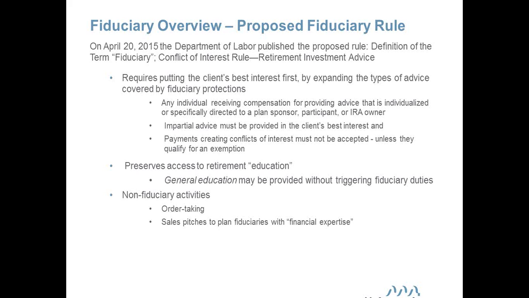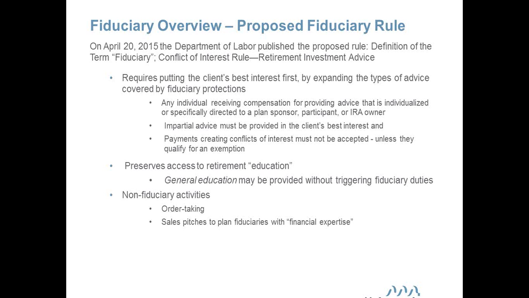We're not going to get into that too much. But the important piece is that in addition to investment advisors, this rule would cover brokers, insurance agents, and consultants that are giving investment advice. Investment education we'll talk about in a second. But under this proposed rule, they would have to provide impartial advice in the client's best interest.